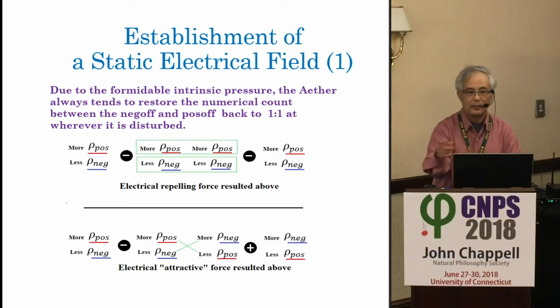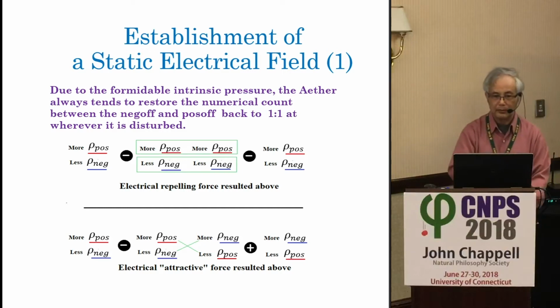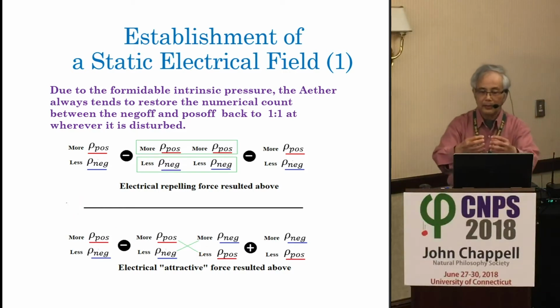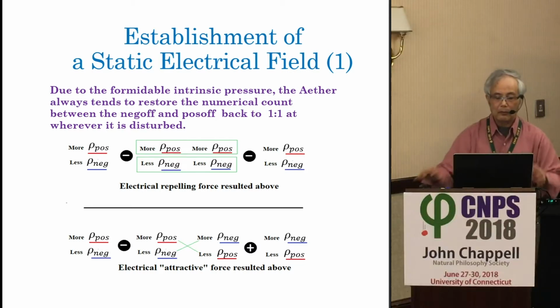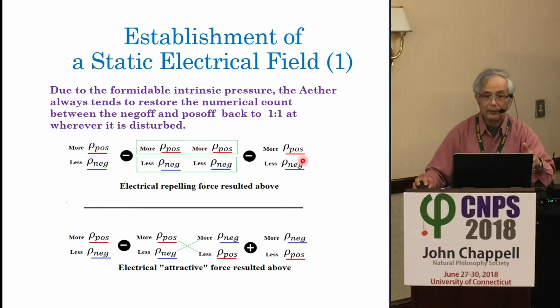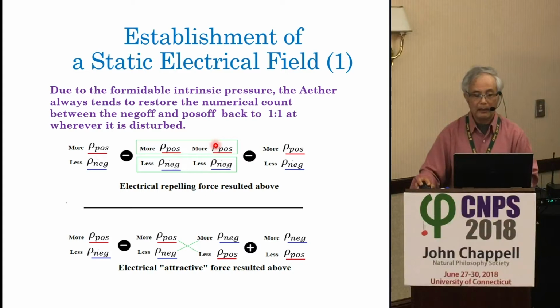Actually, it's not an attractive force. It is the pressure difference between the environment, so that they are pushed together. Okay, so if you replace the negative charge with a positive charge, and this negative charge also with a positive charge, the opposite subparticle is different. However, the same principle applies.